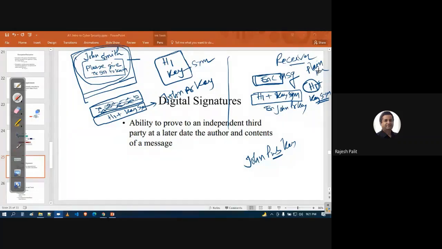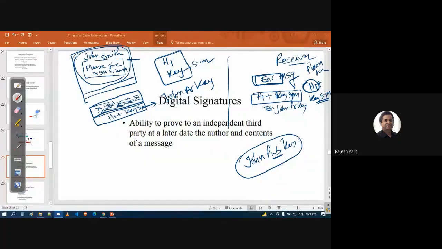Now the second thing is how the receiver will verify that it was John Smith who sent the message. He will then claim, since I could decrypt your message using your public key, then it must be encrypted by your private key, right?